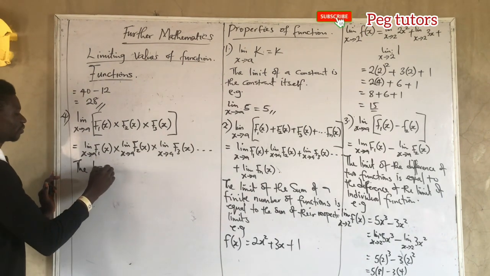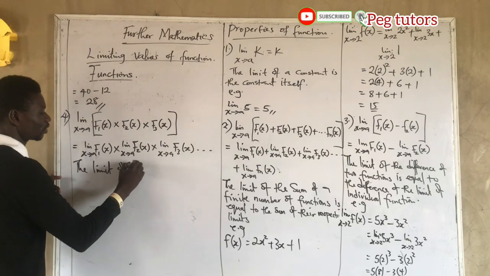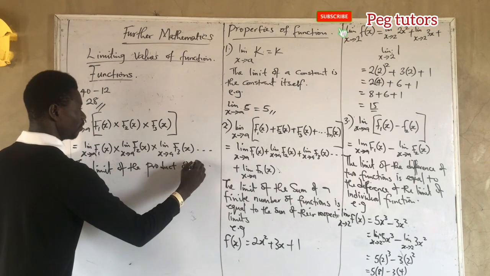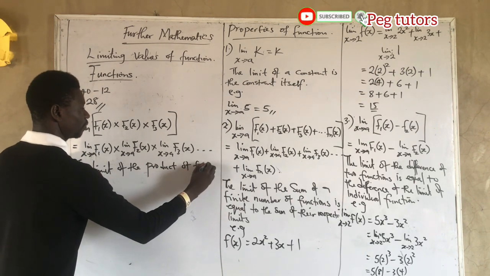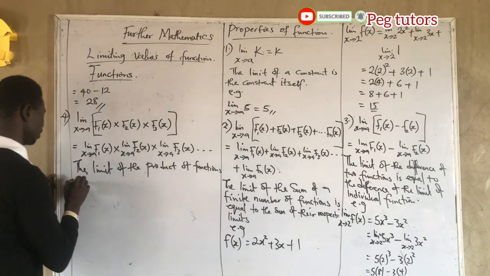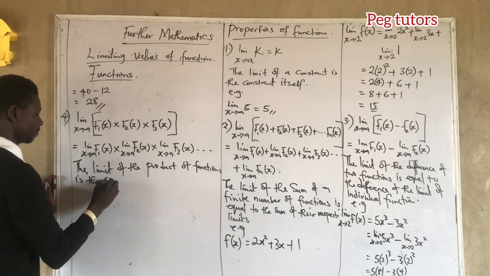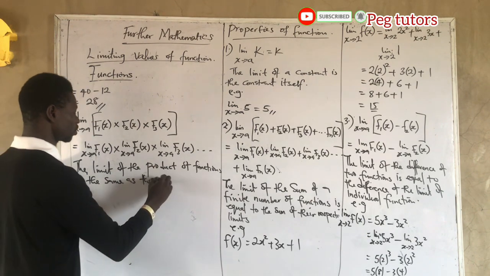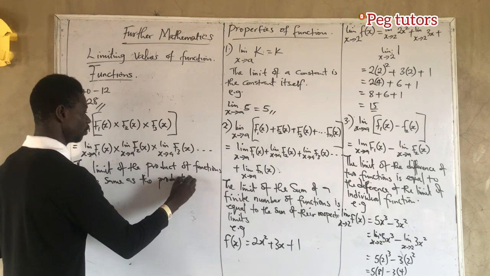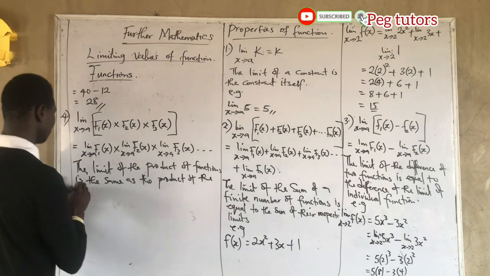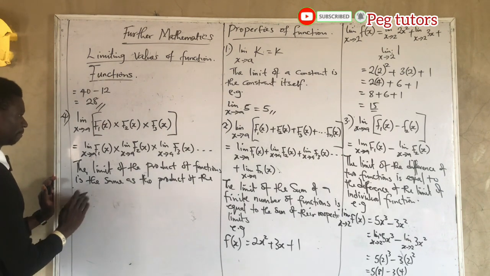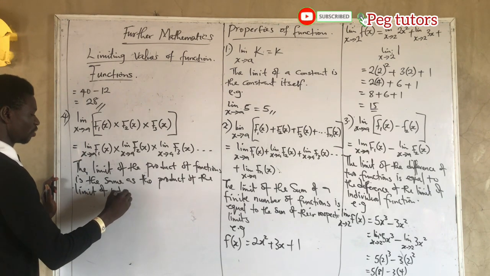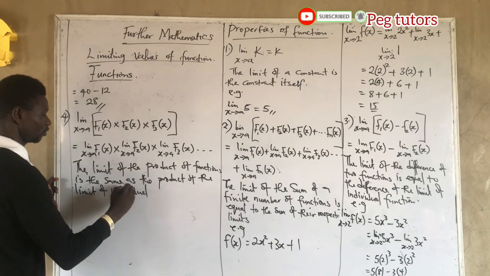The limit of the product of functions is the same as the product of the limits of individual functions.